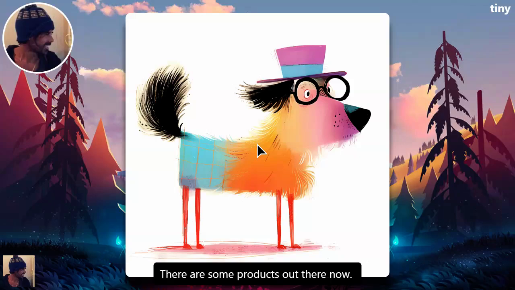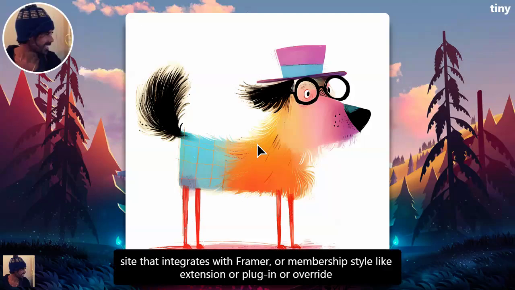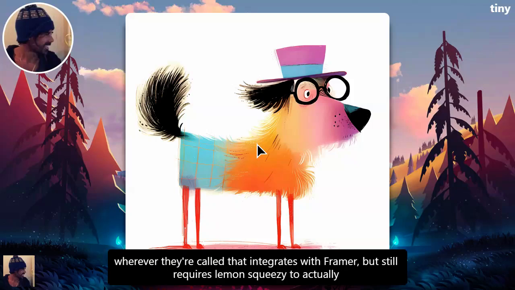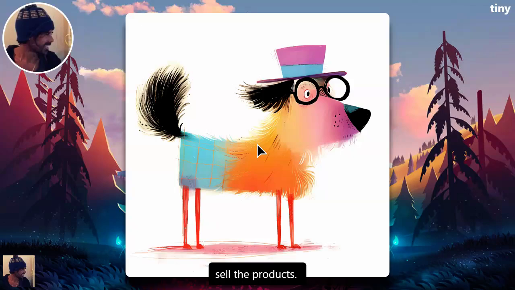There are some products out there now. There's something called Framer Auth, which is a membership style extension or plugin or override, whatever they're called, that integrates with Framer, but still requires Lemon Squeezy to actually sell the products.